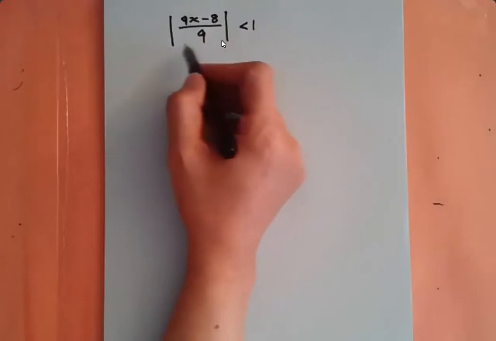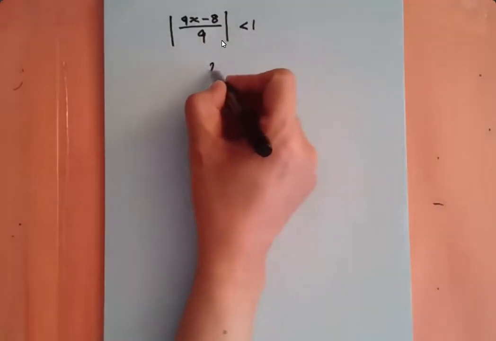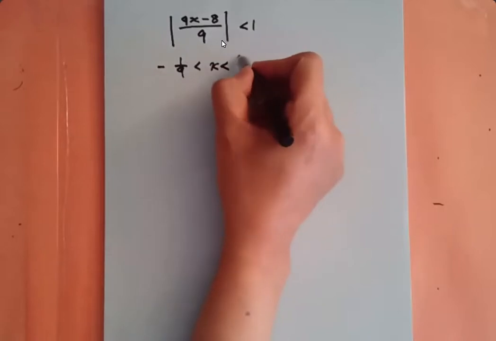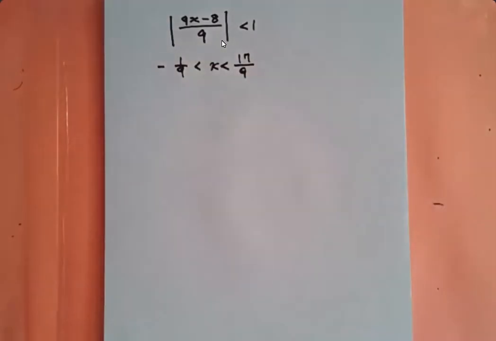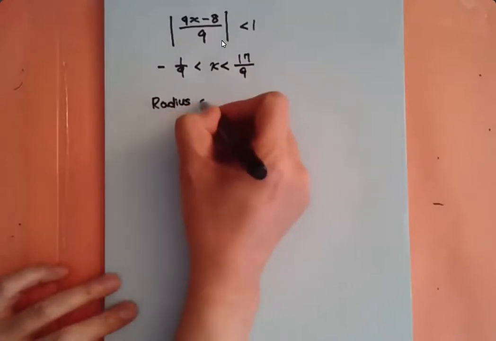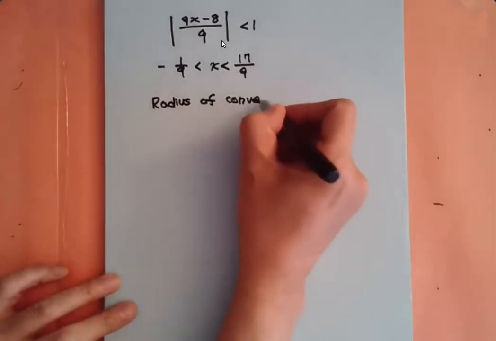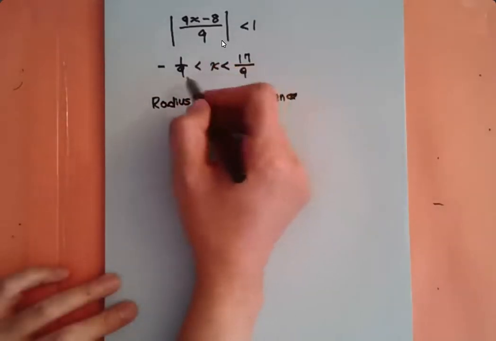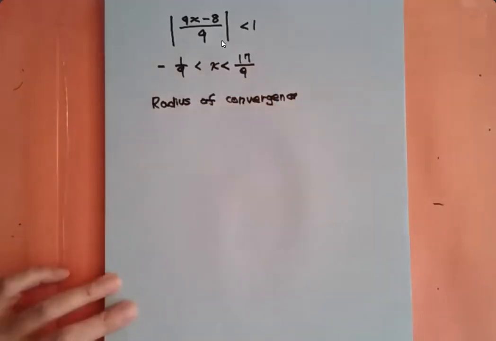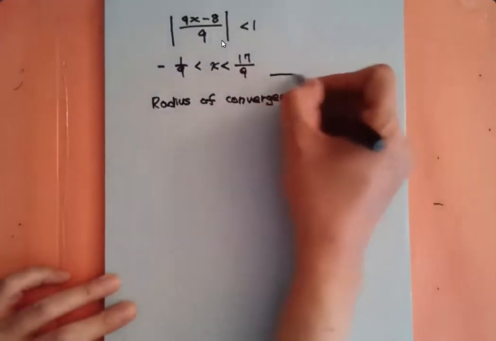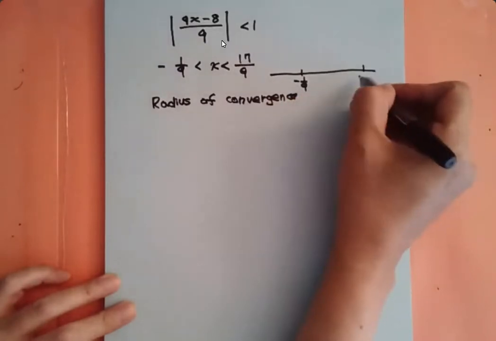When we solve the equation, x is between negative 1/9 and 17/9.